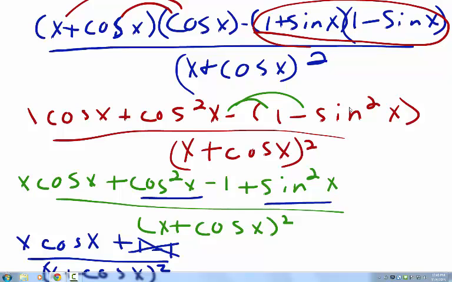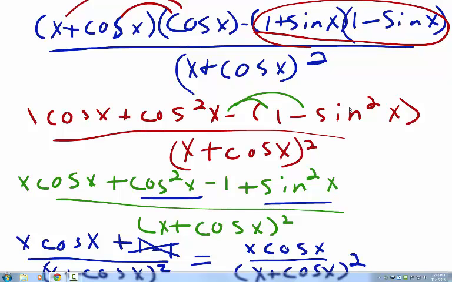Our positive and negative 1 cancel out. And our final result is x cosine of x divided by x plus cosine of x squared.